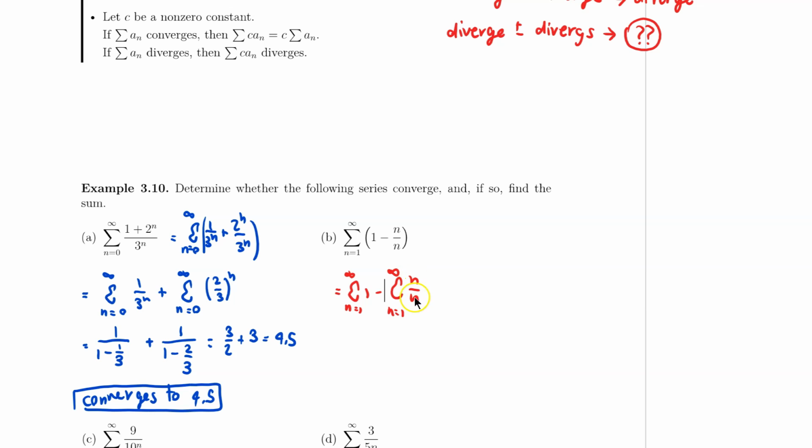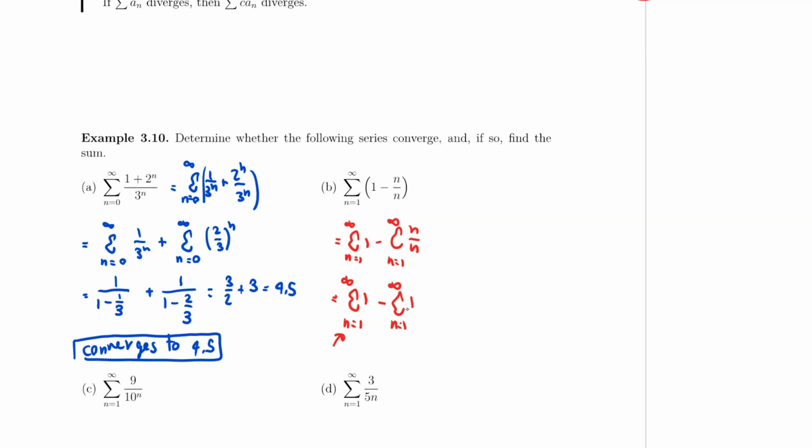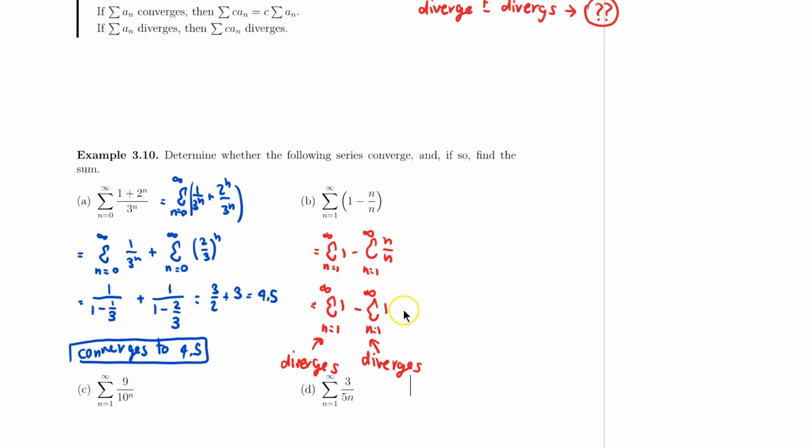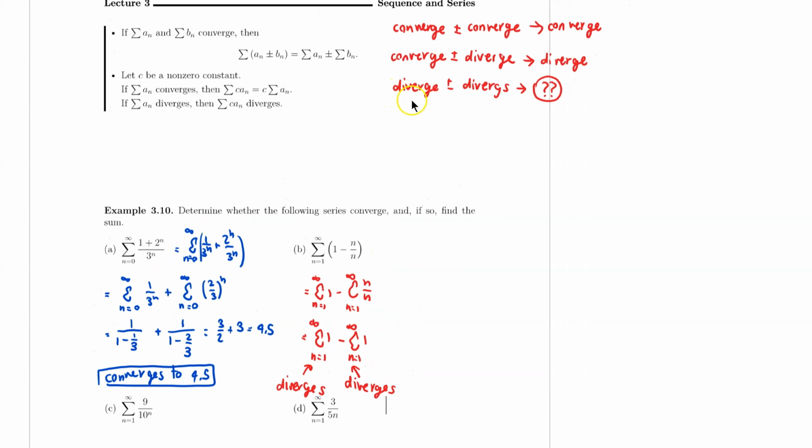Now, n over n is just going to cancel out, so I'm going to get the sum of 1 minus the sum of 1, with n going from 1 to infinity. But this guy diverges, and this guy also diverges. So this actually now belongs to the last case here. If I have something that diverges plus or minus something that diverges, then I can't really conclude what's going to happen.